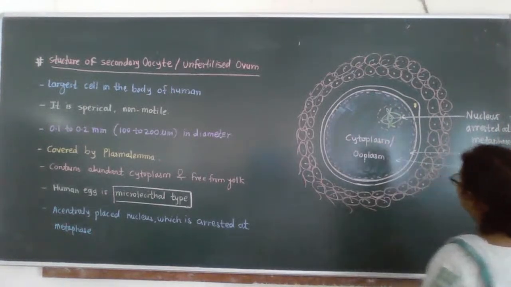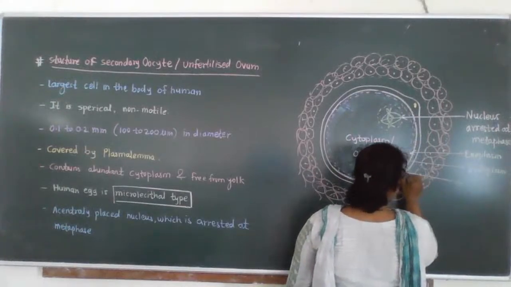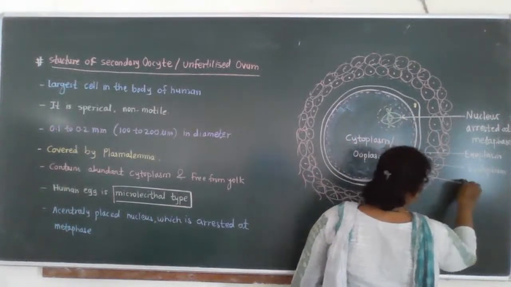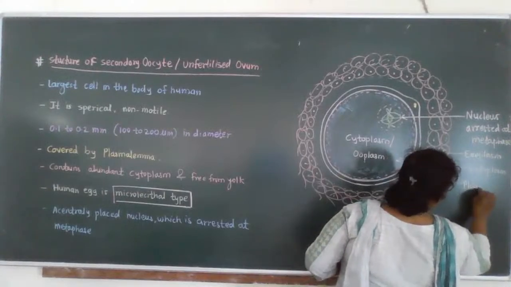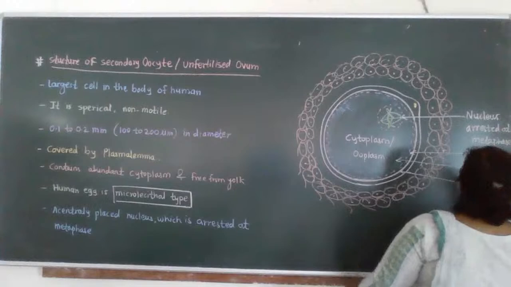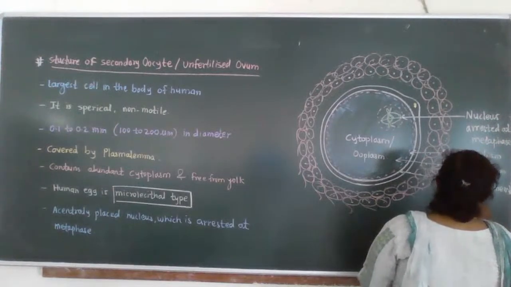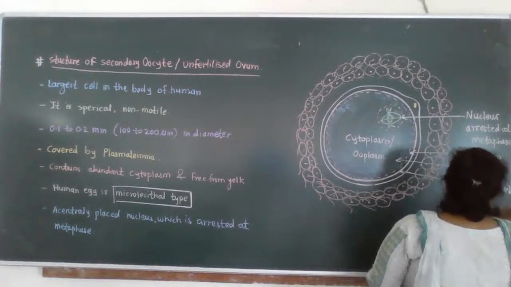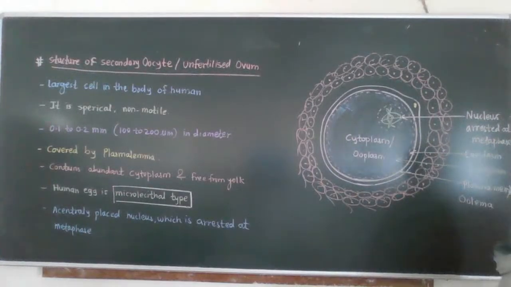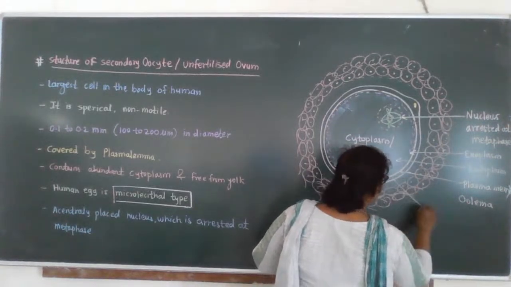Further on, this cytoplasm is covered by a layer called the plasma membrane, or plasmalemma, or it is also called the oolemma. Right? Then just around it, there is a perivitelline space.